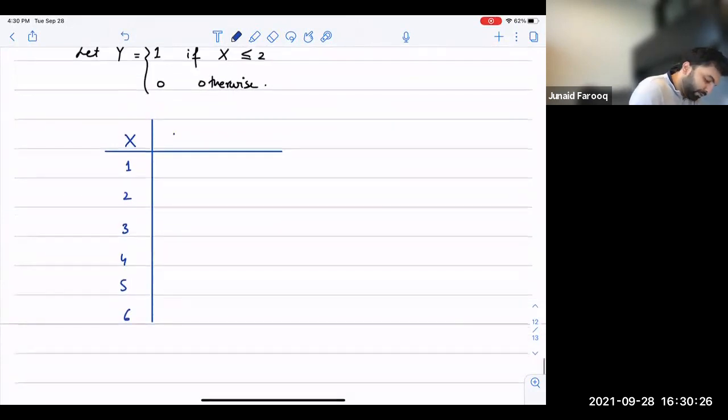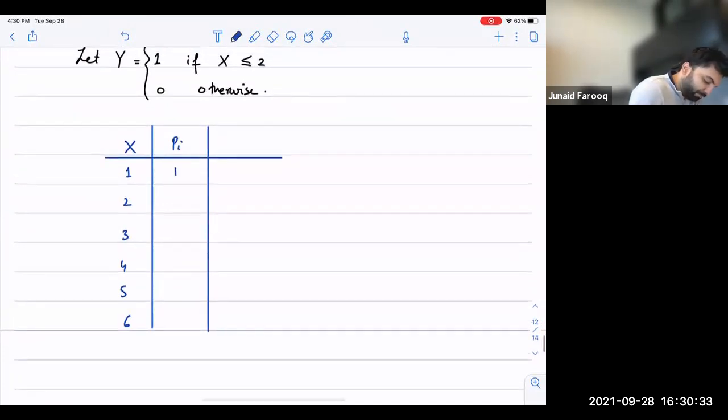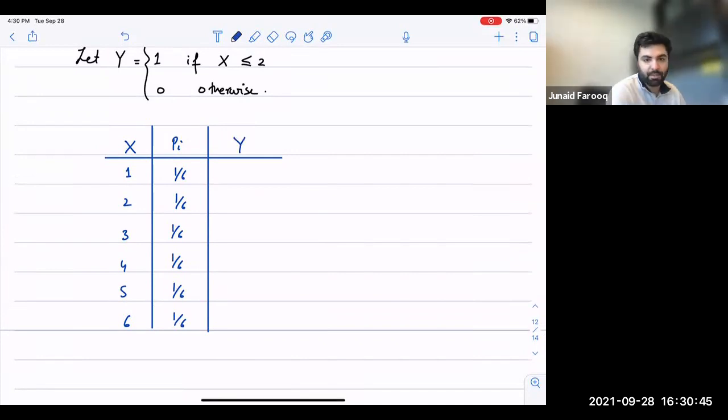We have the p_i's, which are the probabilities, 1/6. And Y is dependent. Whenever X is smaller than or equal to 2, Y is 1, otherwise it is 0.